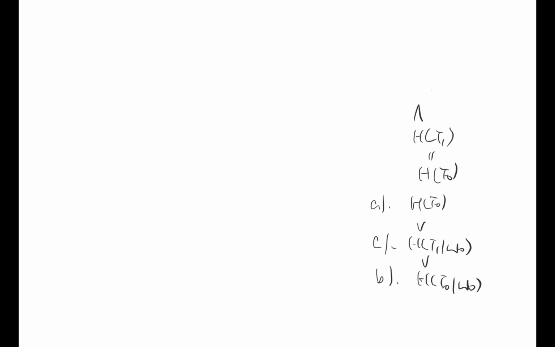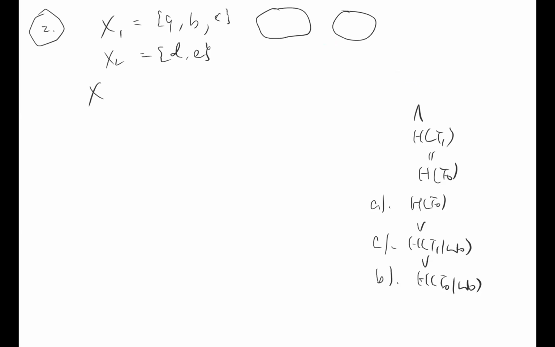So now let me just really quickly finish talking about questions 2 and 3. I think we have enough time. Question 2 is actually simpler than you expect. The setup is something like this: I have X1 and X2. For example, X1 can have outcomes A, B, C, and X2 can have outcomes D and E. You can think of this as maybe 2 jars, each with lottery tickets with these names inside. Sometimes I draw from this jar, and sometimes from the other.